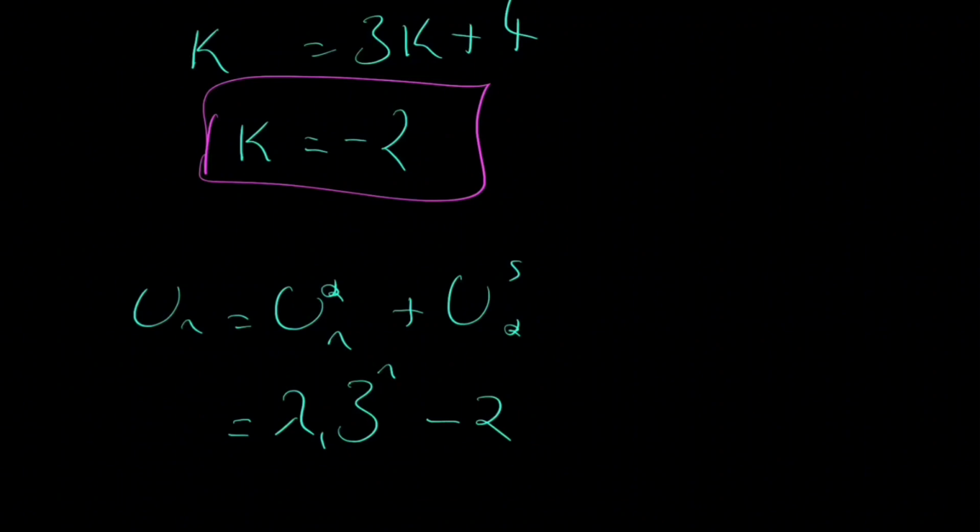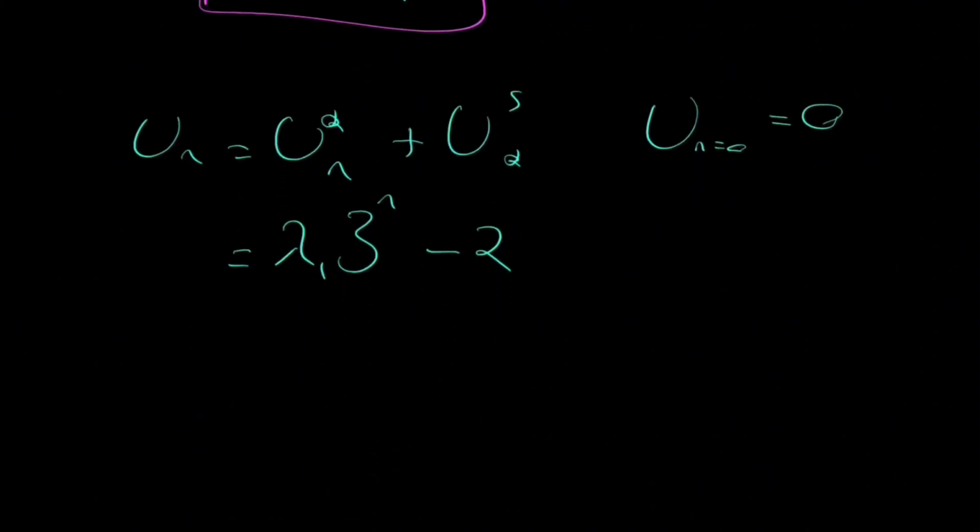Now we will use the boundary condition u_0. We will have u_0 equal to lambda 1 times 3 to the 0th power, which is 1, minus 2.